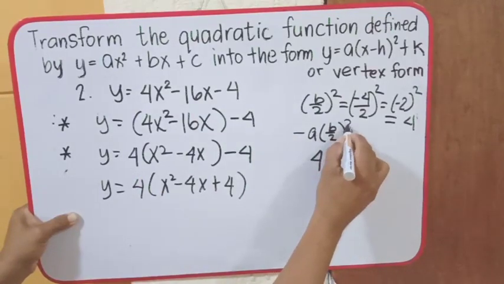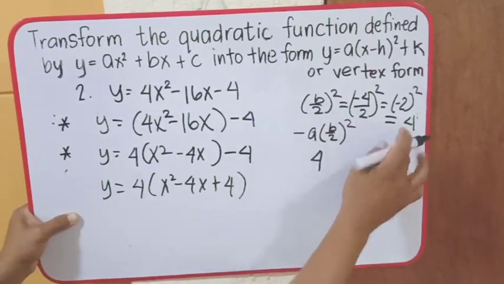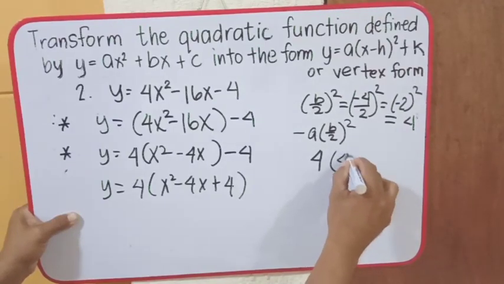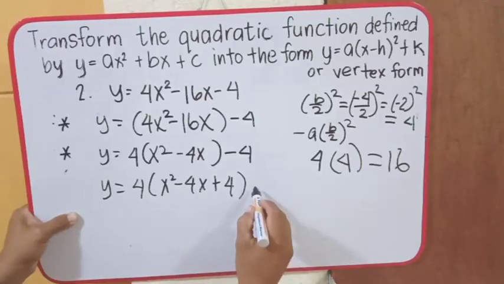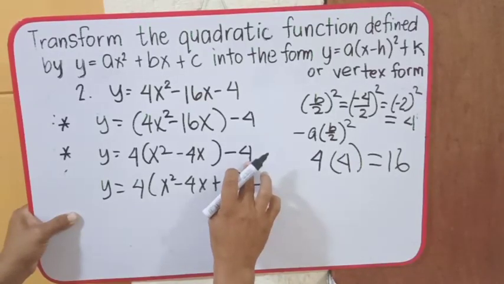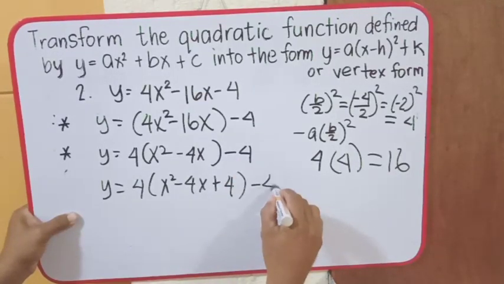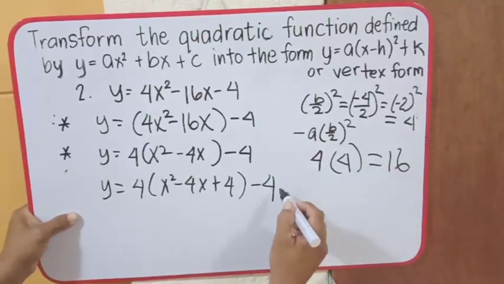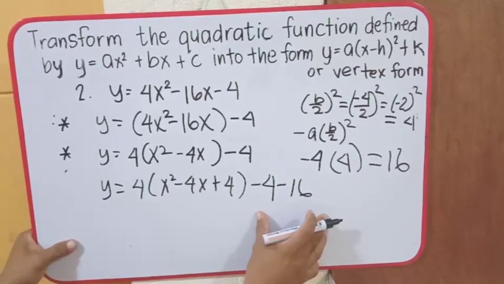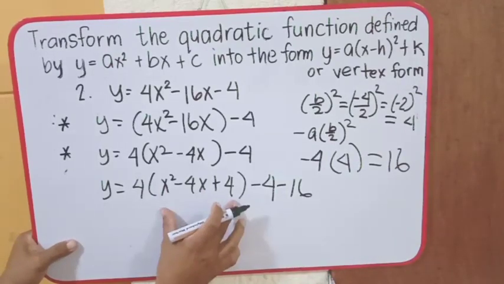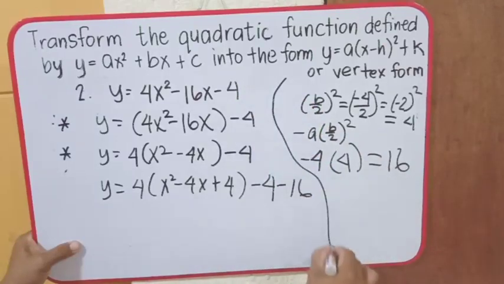Times yung nakuha natin na square of b over 2, which is 4. Kaya 4 times 4 equals 16. Yun yung ilalagay natin na ma-minus natin sa constant. So, negative 4 minus 16. Simplifying, itong perfect square trinomial ay gagawin nating binomial square.